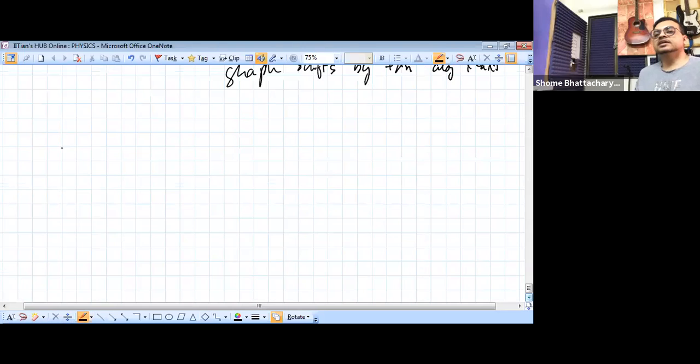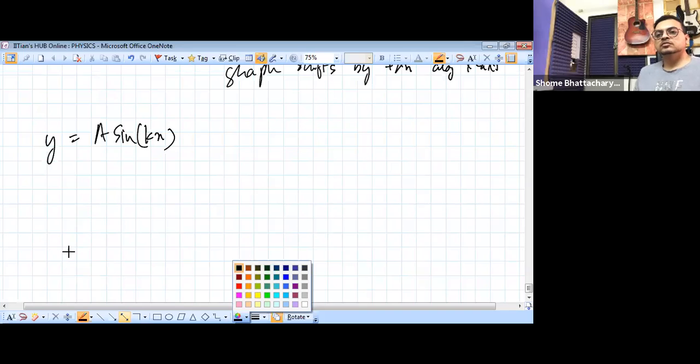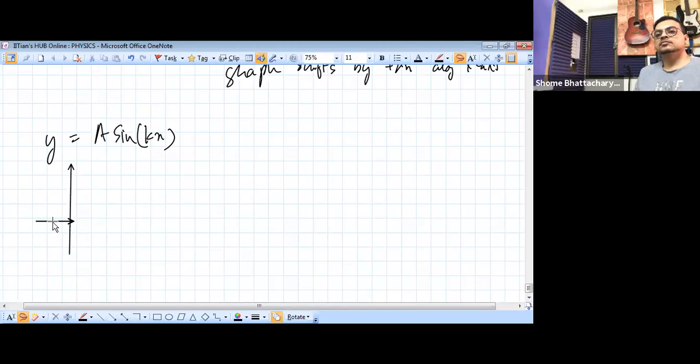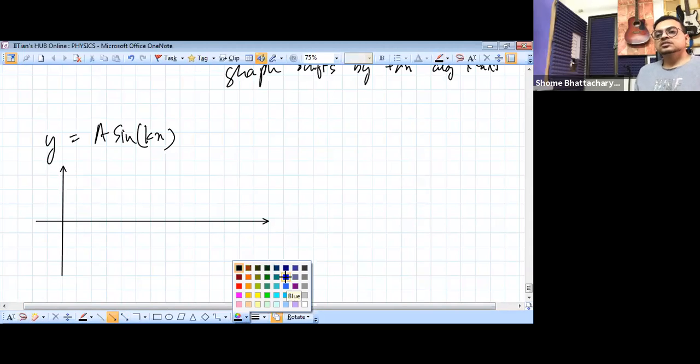So for example, we have the function y = A sin(px), and that is just like the graph we saw.